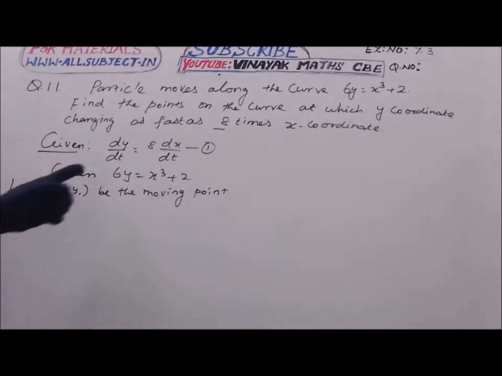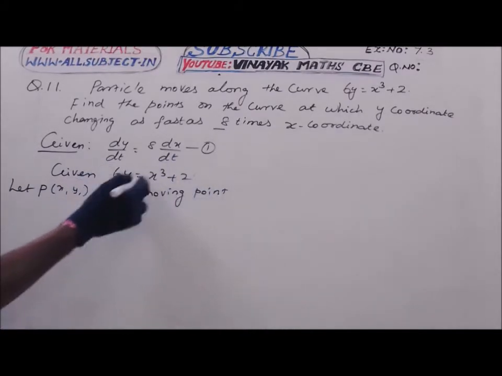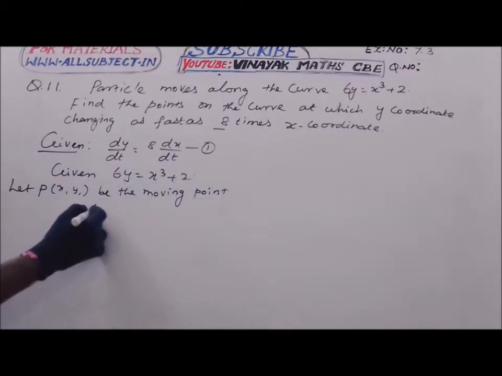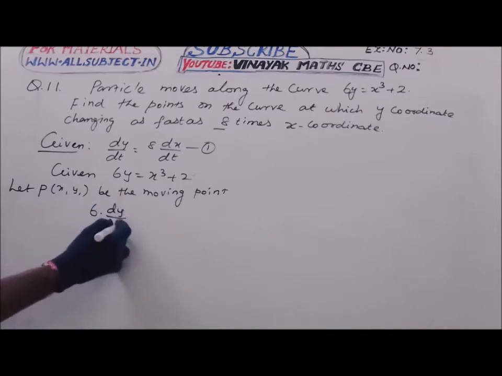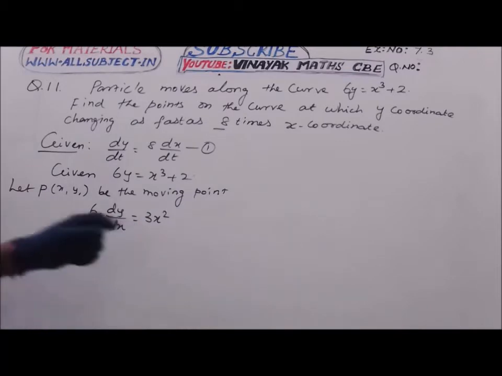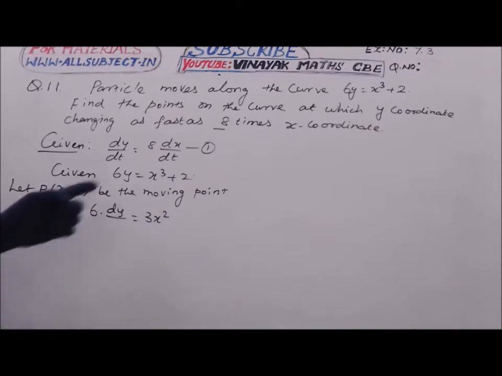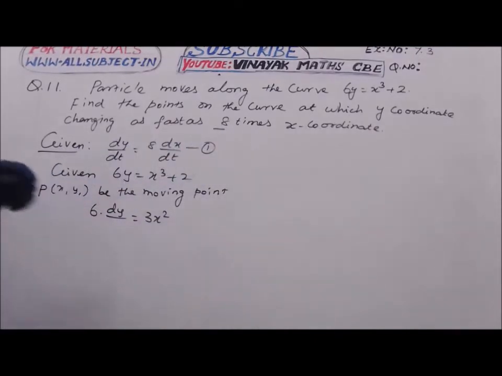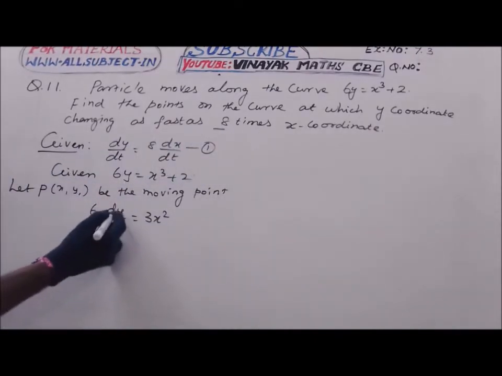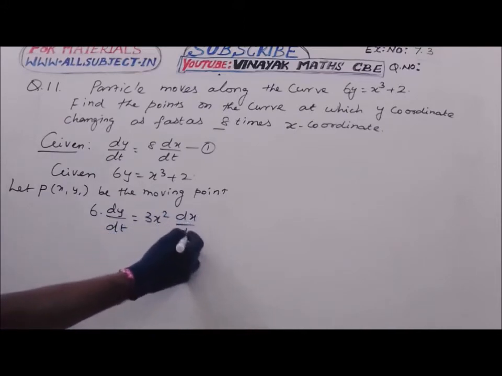Now differentiate the curve with respect to x. Differentiating the curve, 6 into dy by dx is equal to 3x square, and the constant becomes 0. But into dx by dt, because both are functions of t. So 6 into dy by dt equal to 3x square into dx by dt.